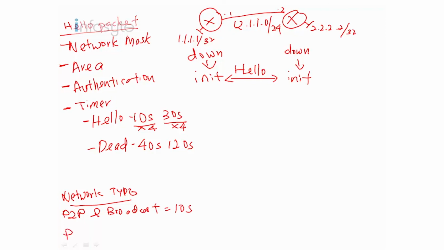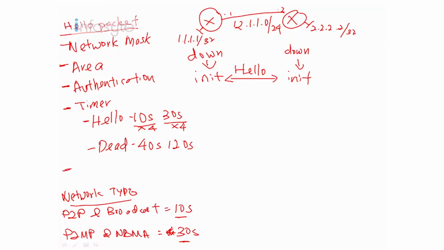When it's point-to-multipoint and NBMA, they're using 30 seconds. This is fixed by default. They use the network type to select your timer.